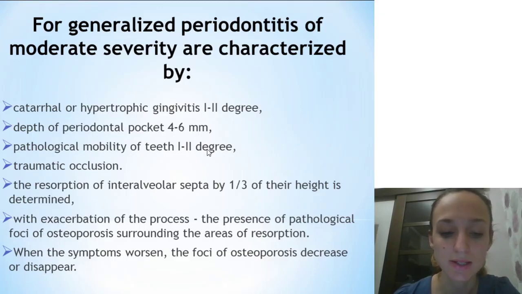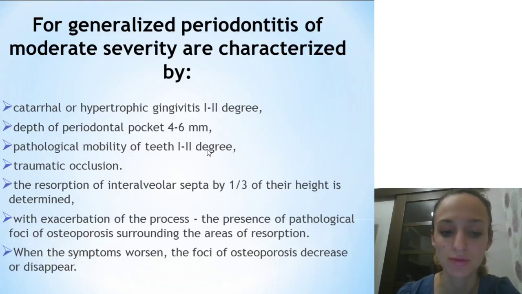In case of generalized periodontitis of moderate degree, the depth of periodontal pockets increases up to 4 to 5 millimeters, and pathological tooth mobility of 1 to 2 degrees, within 1 to 2 millimeters, develops. As a result of tooth dislocation, secondary traumatic occlusion is formed.